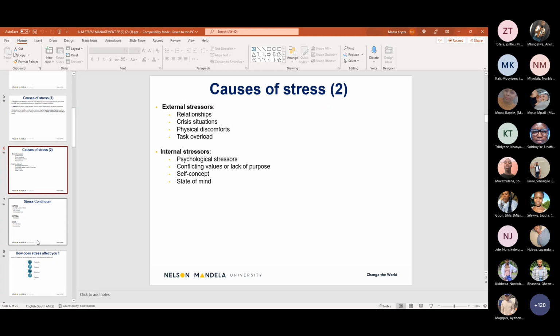But it might be that your partner now wants to take it to the next level and become more intimate. So bring in sex within that relationship.